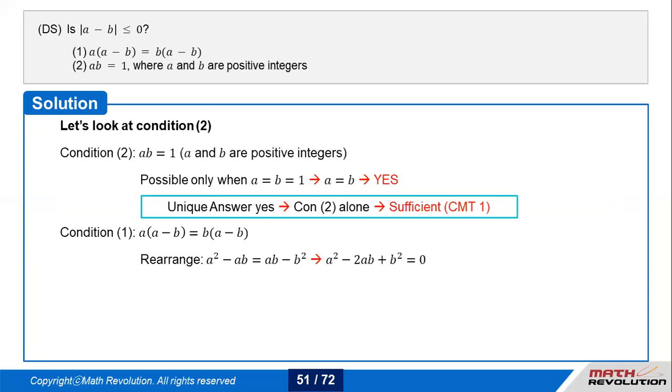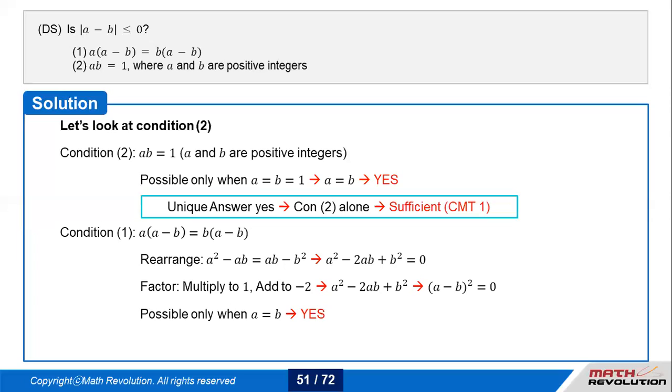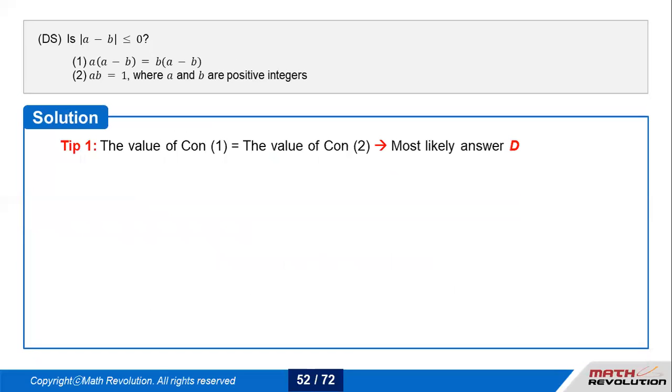Rearranging everything on one side gets me A square minus 2AB plus B square is equal to 0, which is nothing but A minus B whole square equals to 0. If A minus B whole square is equal to 0, this is only possible when A is equal to B. So my individual conditions here are sufficient.